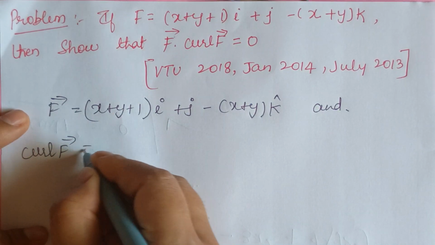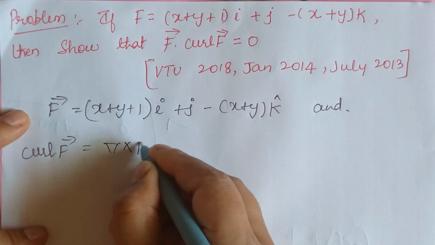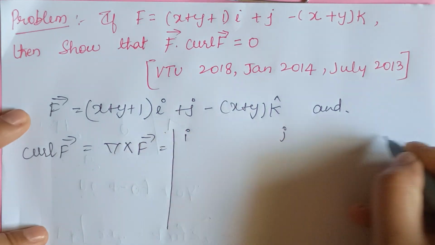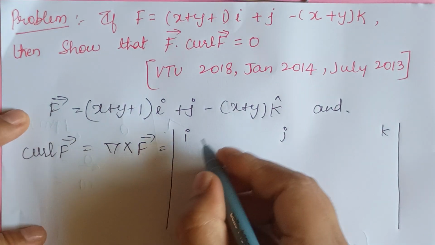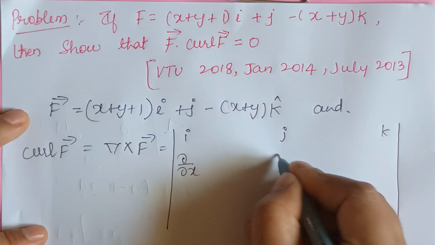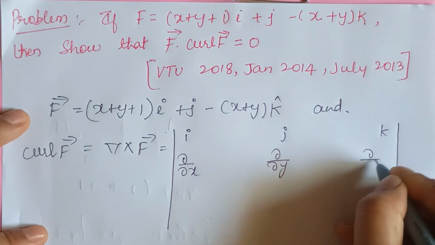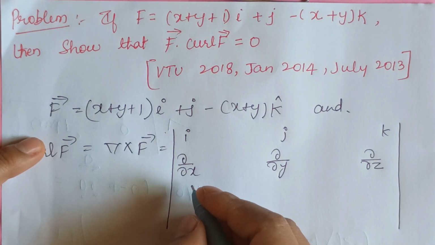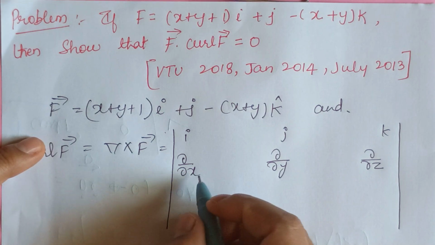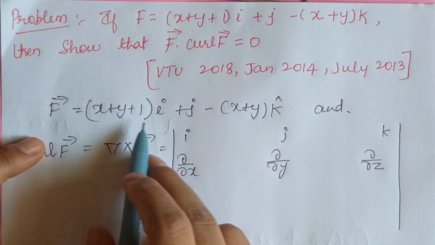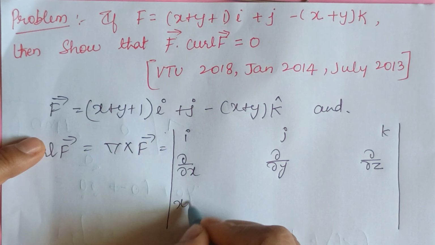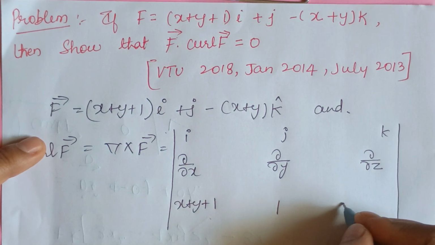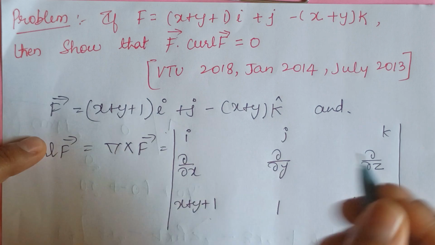And curl of vector f can be found as del cross vector f, which can be written as the determinant with i, j and k, then dou by dou x, dou by dou y, dou by dou z, then the components of vector f: x plus y plus 1, 1, and minus (x plus y).